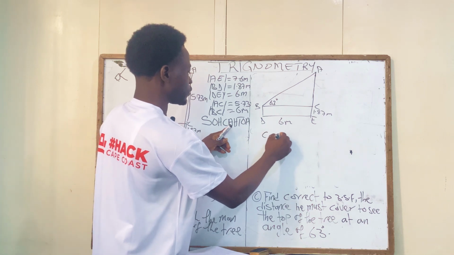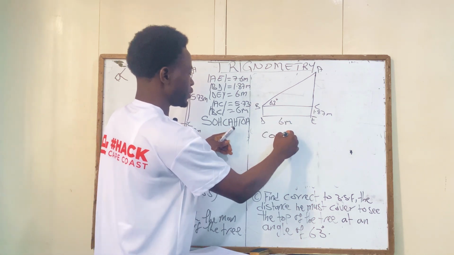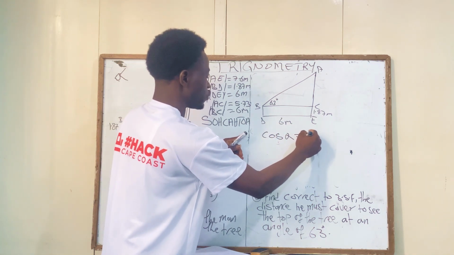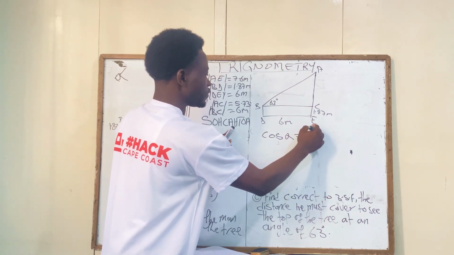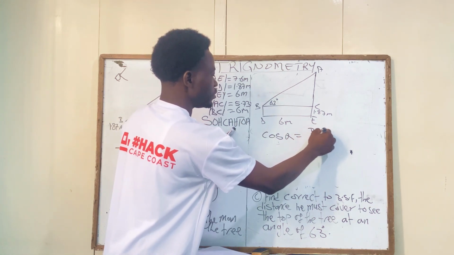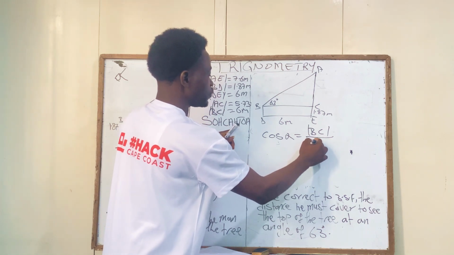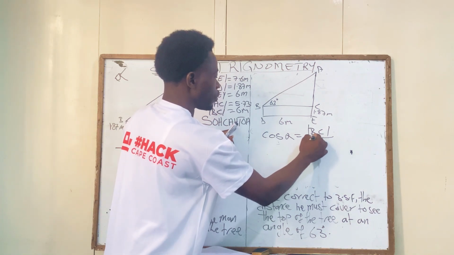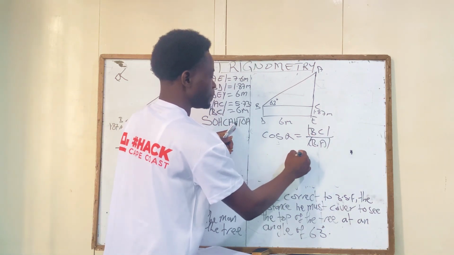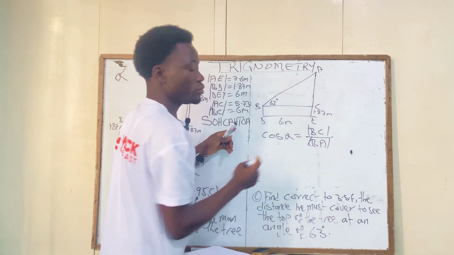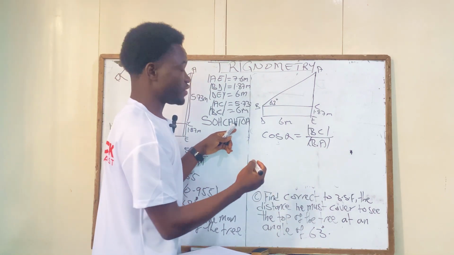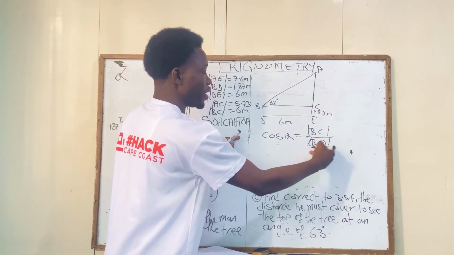So I will use cos. Cos of the angle is equal to adjacent, which is BC, over hypotenuse, which is BA or AB, any of them. We are looking for BA, so I can make it the subject by multiplying through by BA.